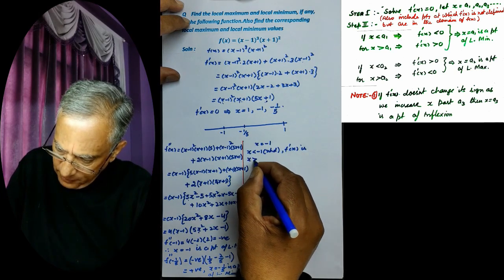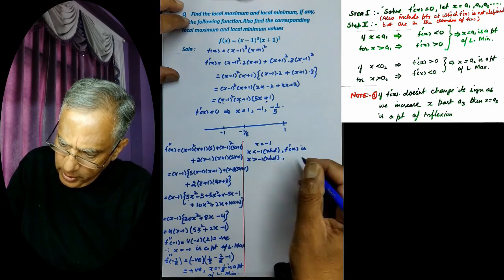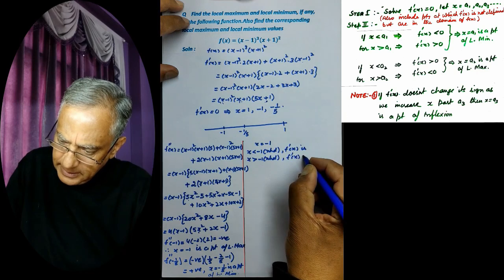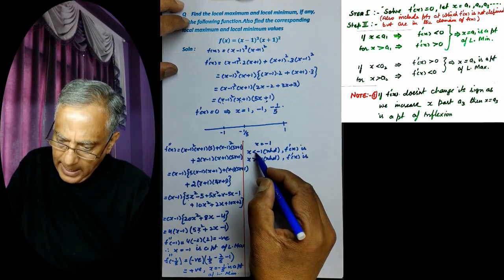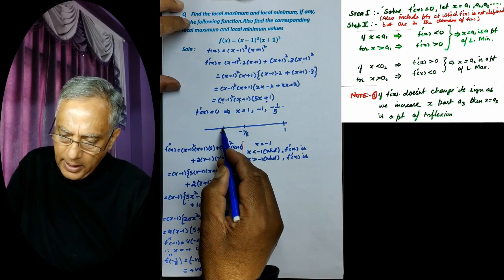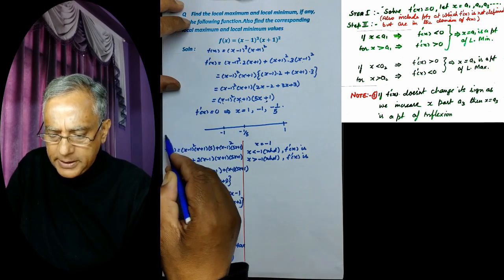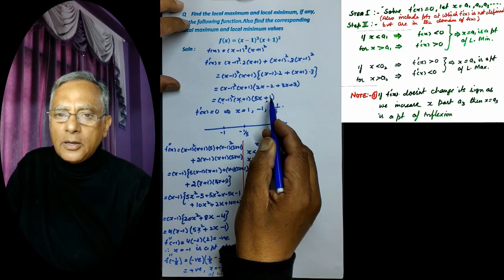And similarly for x greater than minus 1, points of this neighborhood, we will find the sign of f dash x. Now for x less than minus 1, the sign in this neighborhood will be the same as throughout this interval, because this function is a continuous function.